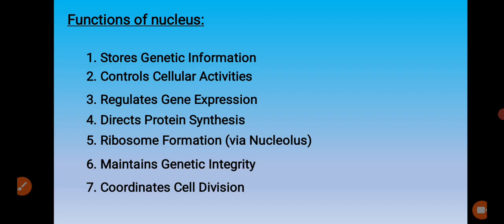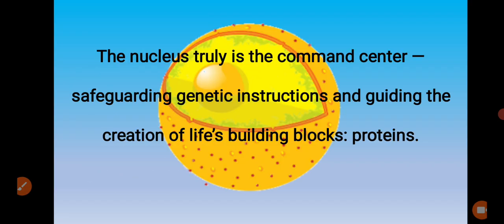And the nucleus we can call the heart of cellular control, where life's blueprint is stored and read, safeguarding the genetic instructions and guiding the creation of life's building blocks. What are those? Yes, the proteins. Okay, this is all about today's content, the eukaryotic cell nucleus.